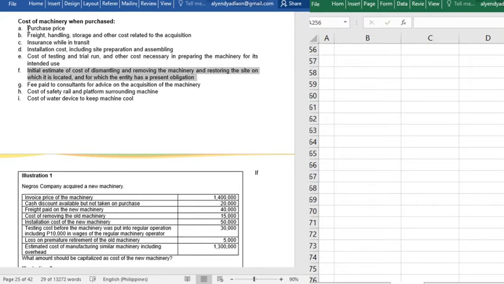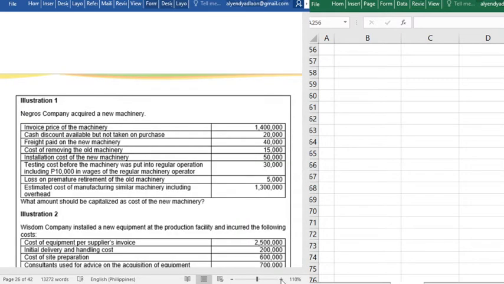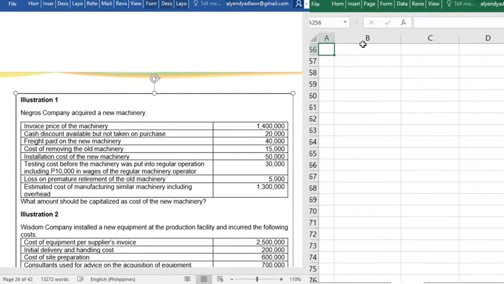Now, let us try to solve machinery questions and let us start with illustration one. For illustration 1, Negros Company acquired a new machinery.